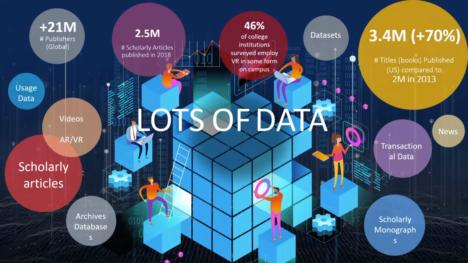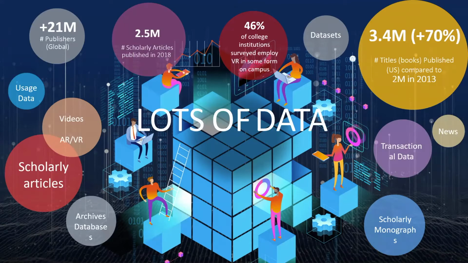And that data expands to, here are some numbers of publishers and scholarly articles published in the last year, books published in the last year compared to just a few years ago. And so we have this explosion of data. And the question is, how can we leverage this data to make ourselves more efficient and to get more out of our library systems to free us up to do some of those things and to enter into some of those new areas that we want to explore?